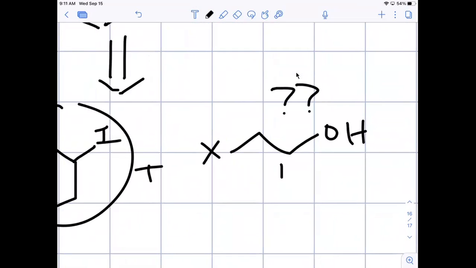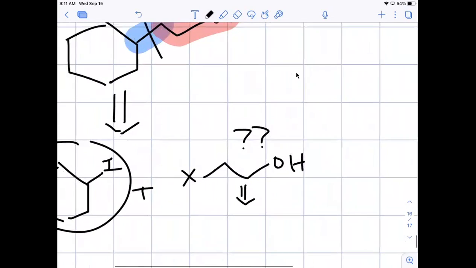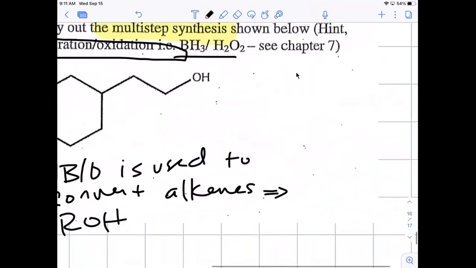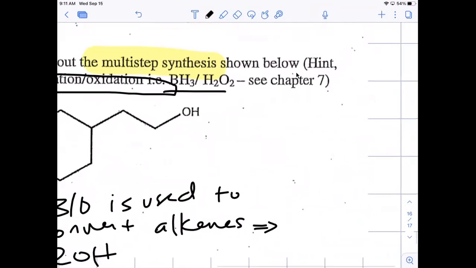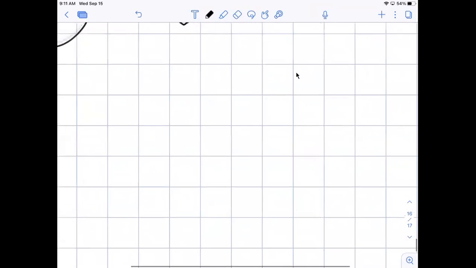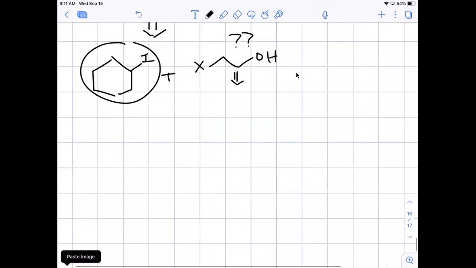All right. And so it tells us that one of our reactions is a hydroboration, right? So if we take that alcohol, we can think in terms of hydroboration. Where did it come from?